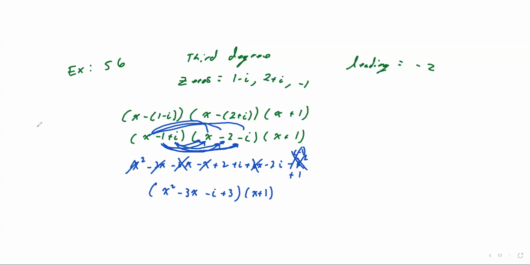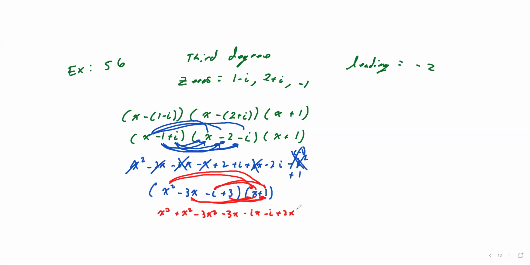So now let's distribute again. So x squared times x is x cubed. X squared times 1, x squared. Negative 3x times x, negative 3x squared. Negative 3x times 1, negative 3x. Negative i times x is negative ix. Negative i times 1 is negative i. 3 times x is 3x.